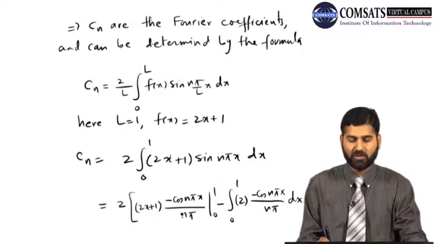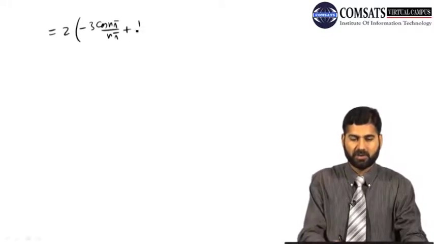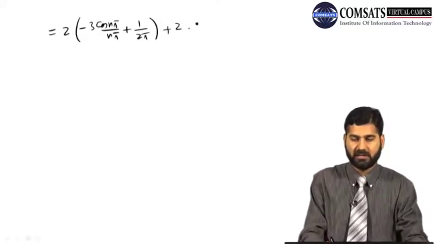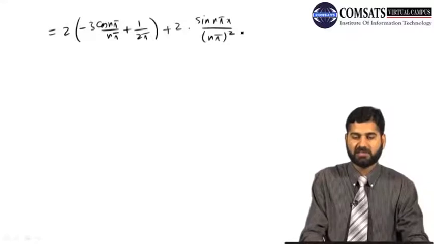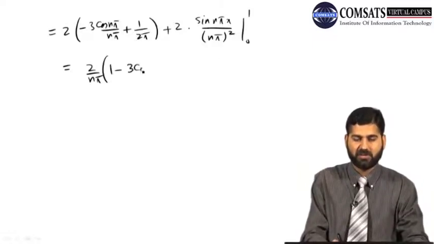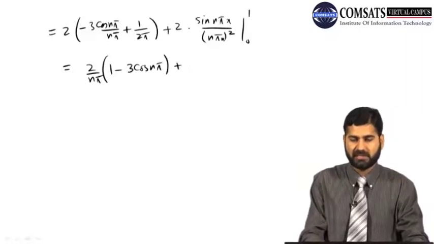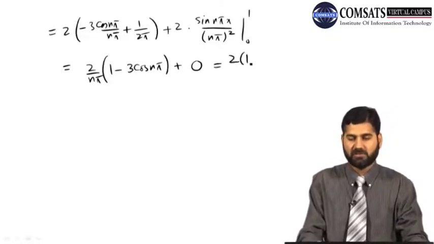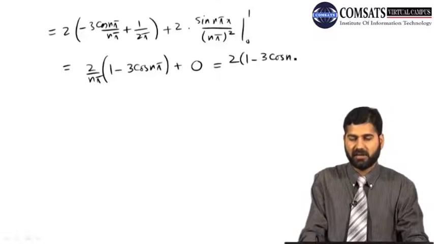So plus 1 over n pi. And then minus plus 2 is outside. And cosine has derivative n pi by n pi, and 1 n pi was already there. So it is n pi square, from 0 to 1. So this is 2 times 2 by n pi, if I take 1 by n pi common, so this is 1 minus 3 cosine n pi, and plus sine n pi is 0 and sine 0 is 0, so this is 0. So all I got is 2 times 1 minus 3 cosine n pi divided by n pi.